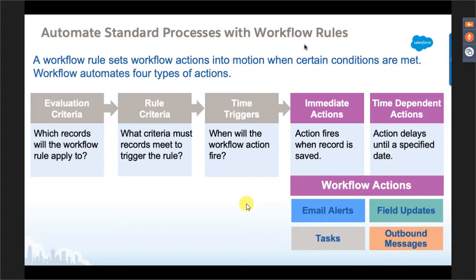And if we define that it's going to happen now, it bypasses what's called a monitoring queue, and it goes straight out. Again, it goes out in the order of fields can be updated on this object and this record, emails can be sent out regarding this record, tasks can be done, and so can outbound messages.